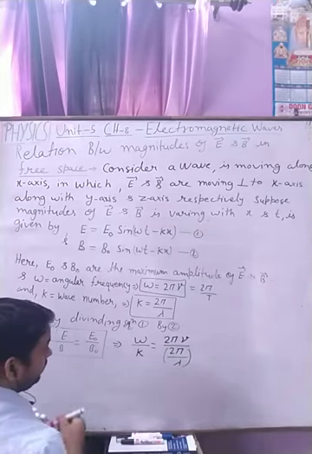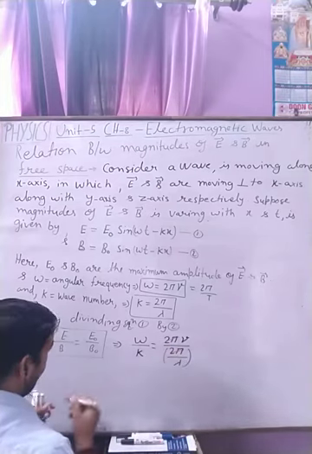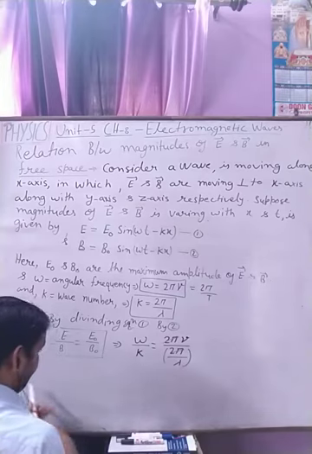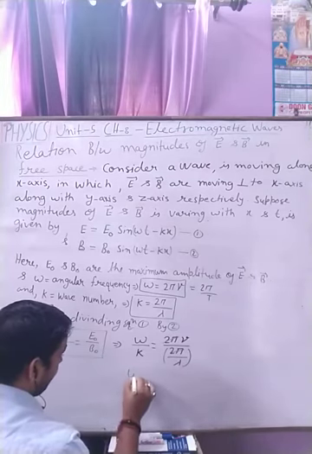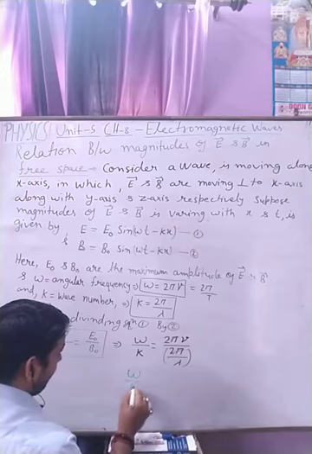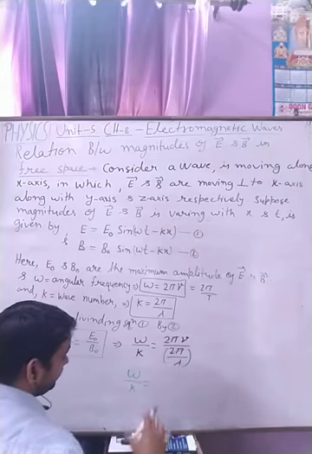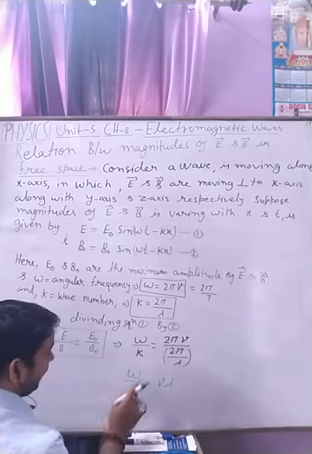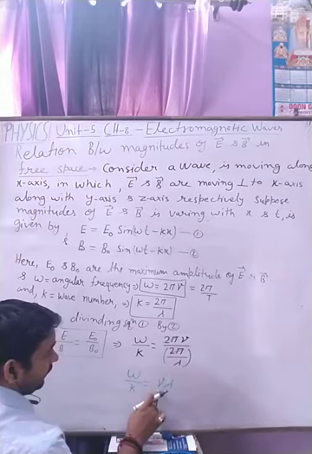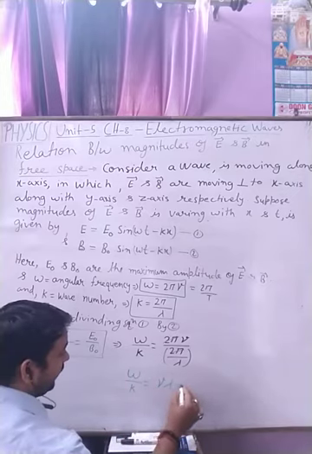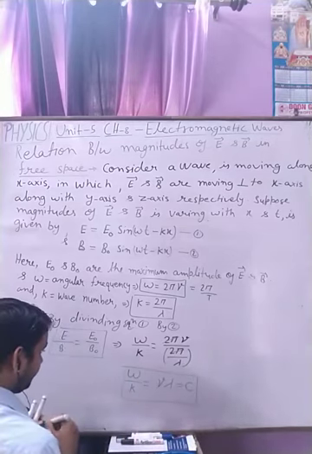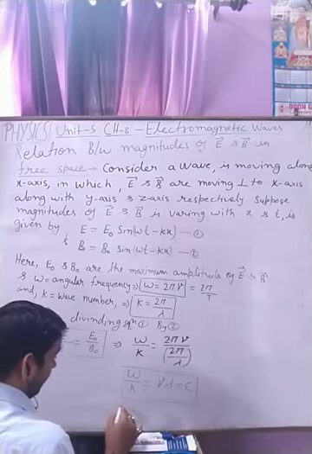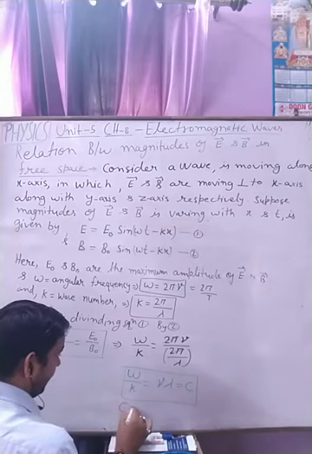Here 2 pi cancel by 2 pi and we get omega upon k is equal to nu lambda, and here this is time and lambda is distance, so it will become equal to c, or we say speed of light c is equal to nu lambda.